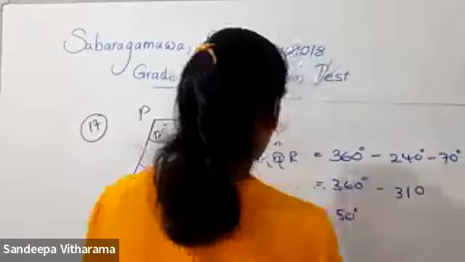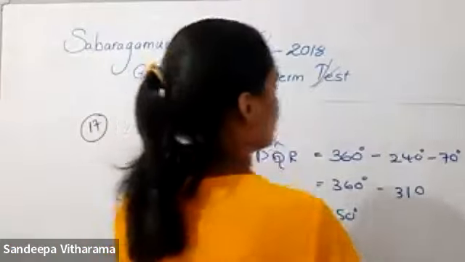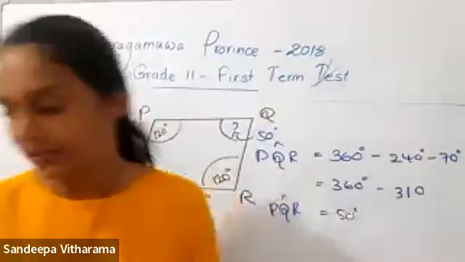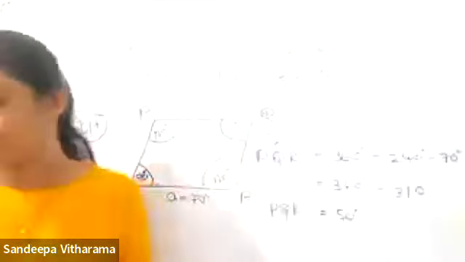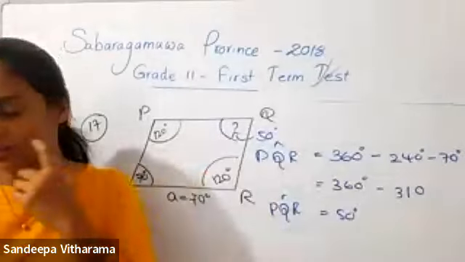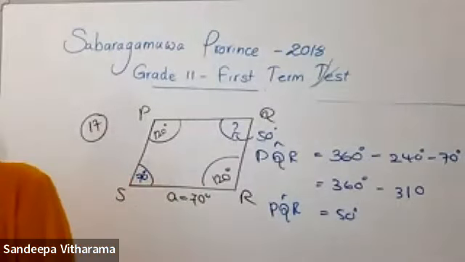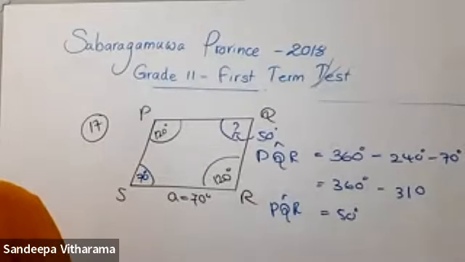That means PQR equals 50. For a quadrilateral to be a parallelogram, opposite angles should be equal. As these are not equal, the second quadrilateral is not a parallelogram.